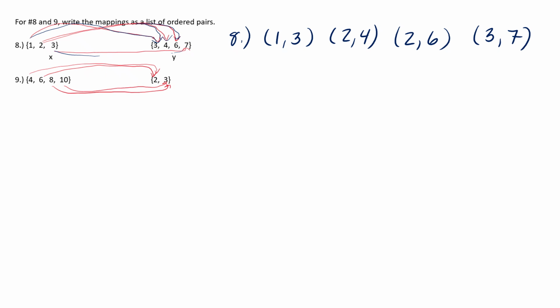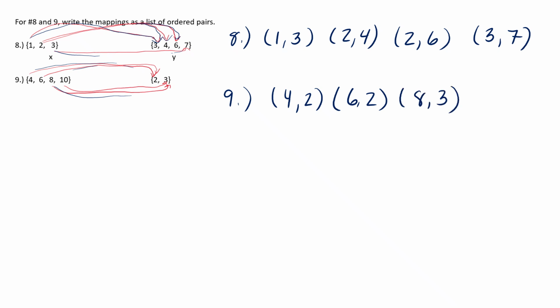In the bottom one, we have 4 mapping to a 2. We have 6 also mapping to a 2. We've got 8 mapping to a 3 and 10 also mapping to the 3.